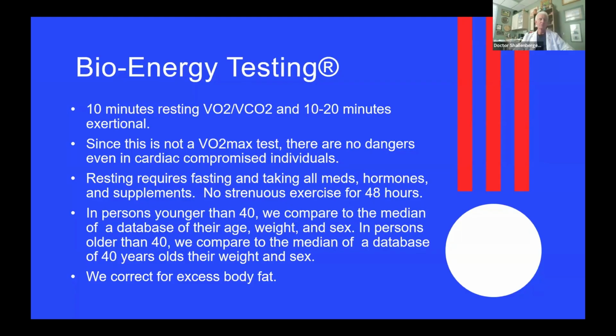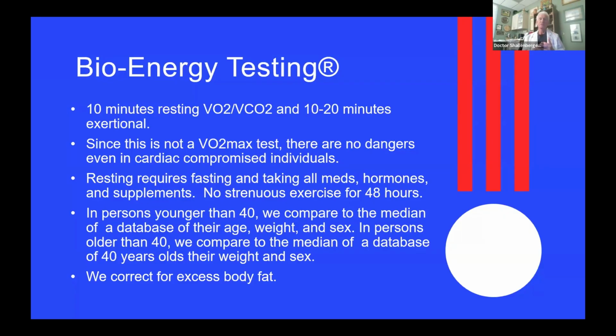Okay, good point. Now, you can determine what we were just talking about in the resting part of the test. There are basically two parts to this test. One is 10 minutes, 8 to 10 minutes or something like that, where you're sitting down quietly in a chair, and we measure how much oxygen you're consuming, how much carbon dioxide you're producing, what your flow rate is and what your heart rate is during that time while you're resting.